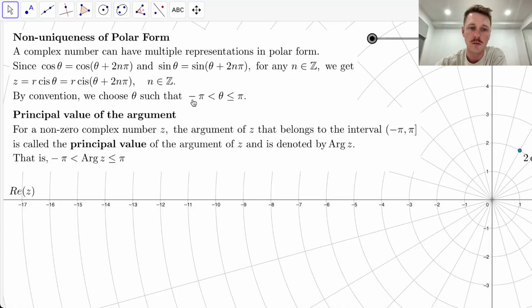Essentially that's what's called the principal argument. So for a non-zero complex number z, the argument of z that belongs to the interval negative pi to pi is called the principal argument of z and is denoted Arg z. That is, the argument of z is always between negative pi and positive pi. Not including negative pi, but including positive pi.